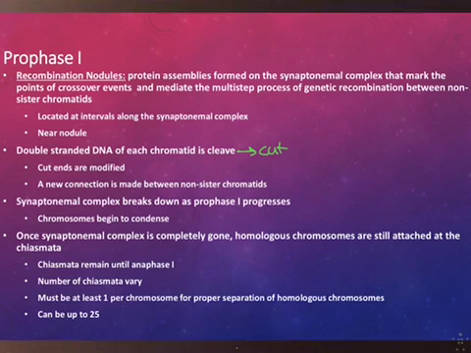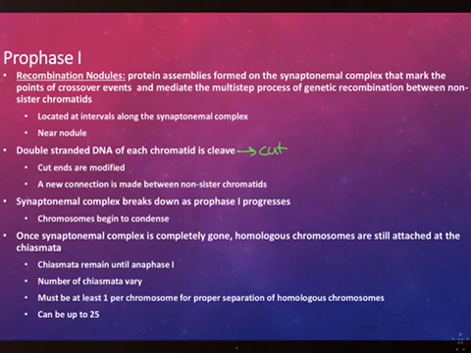The complex then breaks down as prophase 1 continues, and the chromosomes begin to condense. Remember, at the beginning of prophase, you can't see them. They're not condensed enough, so they have to keep condensing. Once the synaptonemal complex is completely gone, the homologous chromosomes are still attached at the chiasmata.